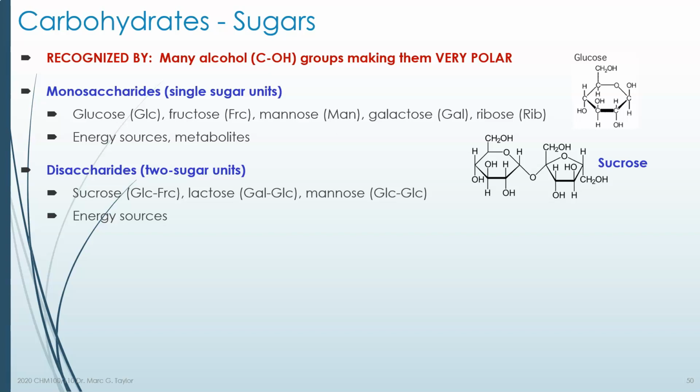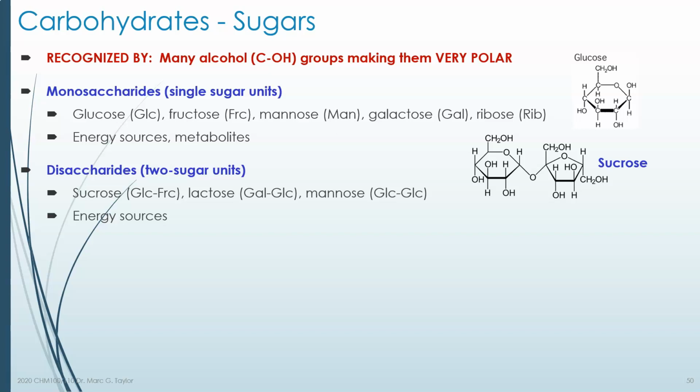Disaccharides have 2 sugar units. They're attached to each other. Glucose attached to fructose in a very specific way is the sucrose that we eat as table sugar. Lactose, the sugar in milk, is galactose attached to glucose. Maltose is just 2 glucoses together, and each of these has very specific ways of linking them. This is way beyond the level of the course.